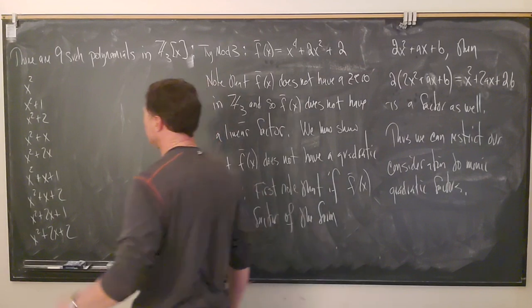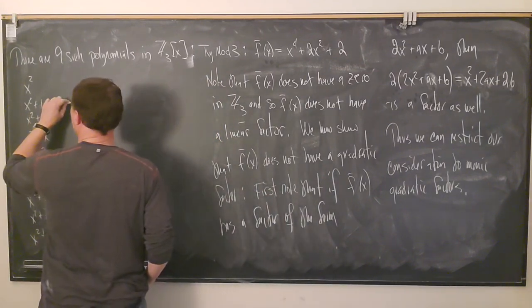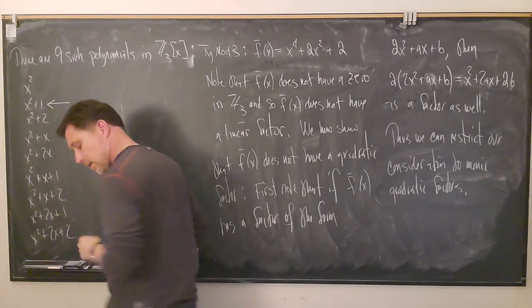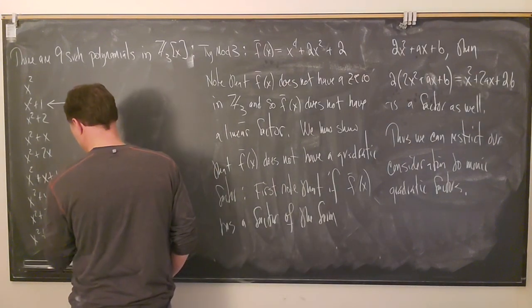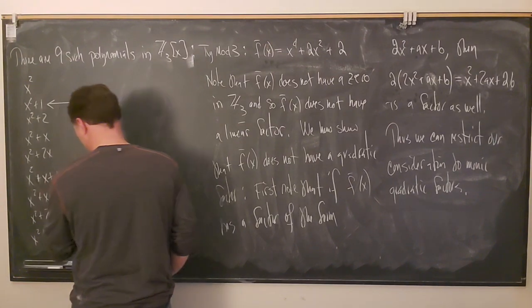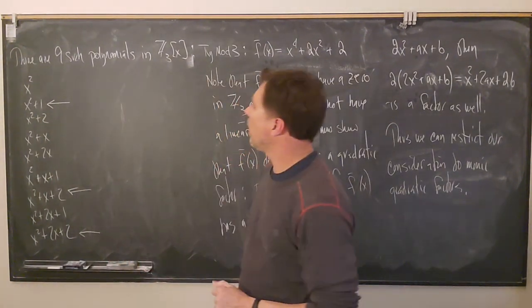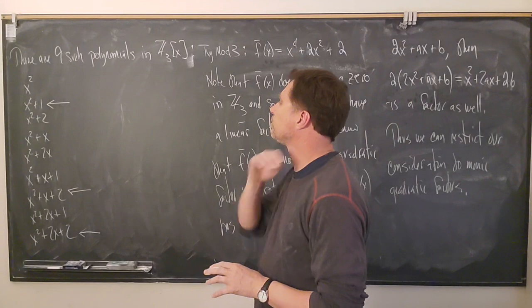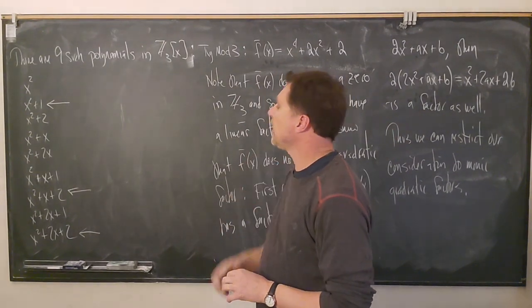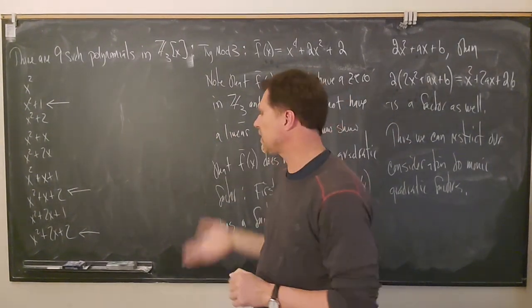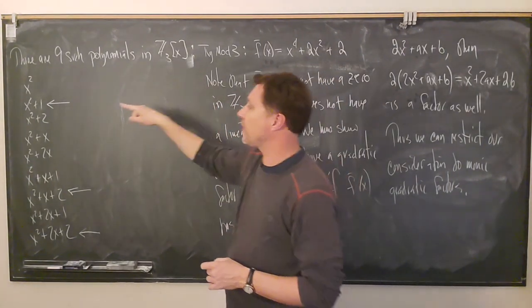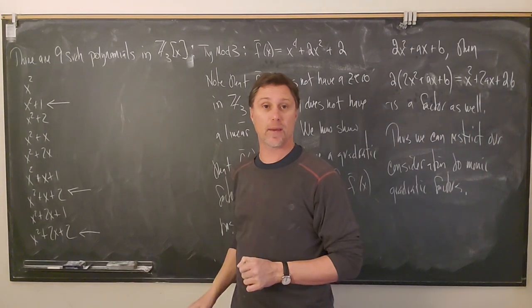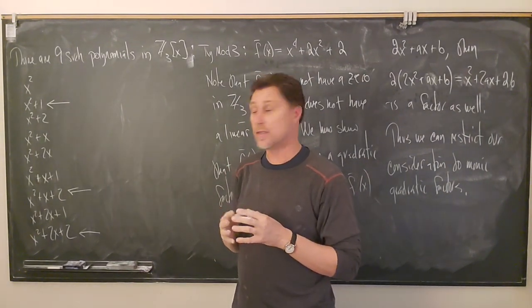Now, I'm going to draw some arrows here. So that one, and that one. Now, what I want you to do is to just observe or check, if you like. It's easy. You can quickly check that the polynomials that do not have arrows pointing at them have zeros in Z3.